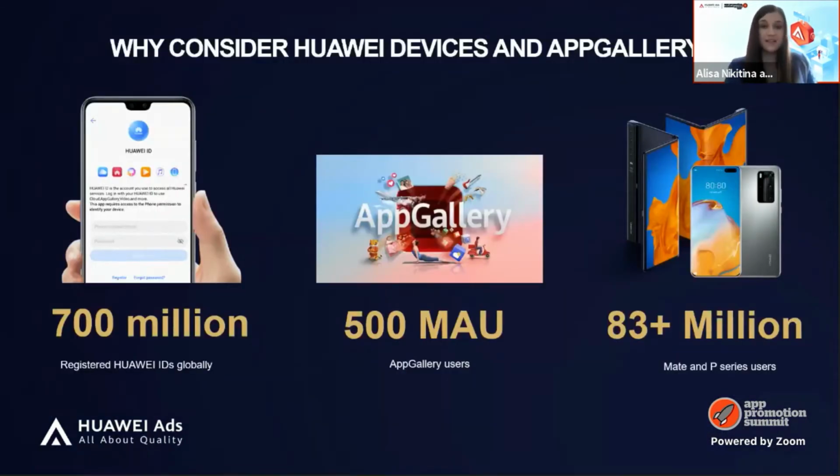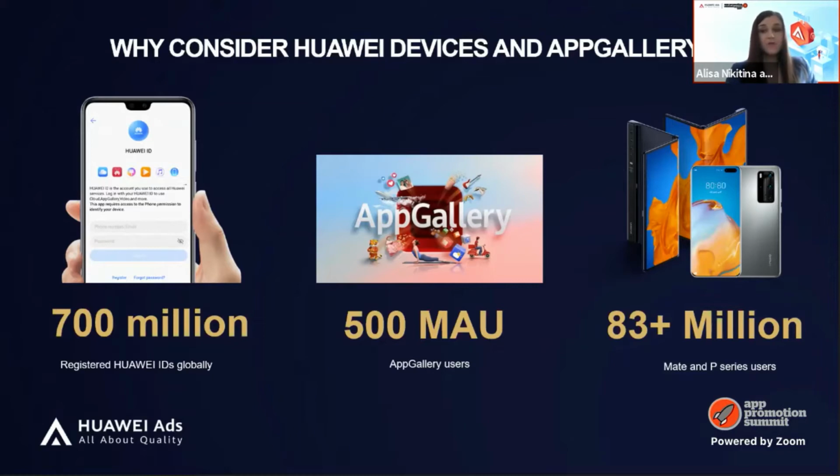So let's get started. Why should you consider Huawei devices and have App Gallery and Huawei Ads as part of your growth strategy? First of all, it's a pretty sizable mobile audience. We have over 700 million registered Huawei ID users, and nearly 400 million of those are outside of China.